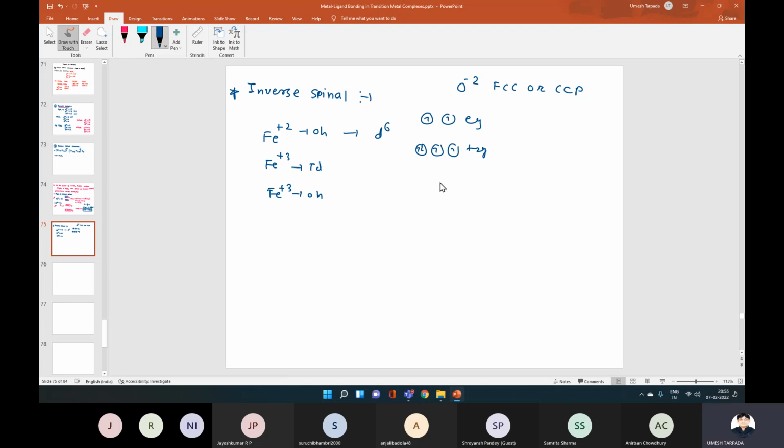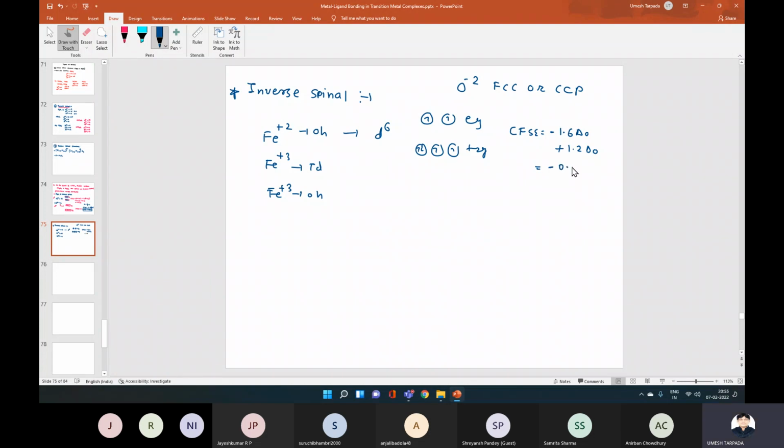So what is the crystal field stabilization energy for this one? 4 into 0.4 is minus 1.6 octahedral, plus 2 into 0.6 is 1.2. What is your net answer?